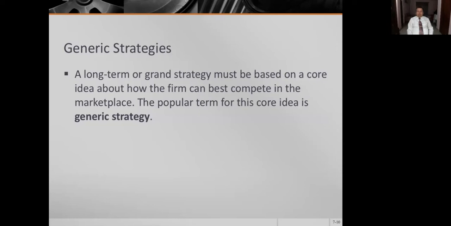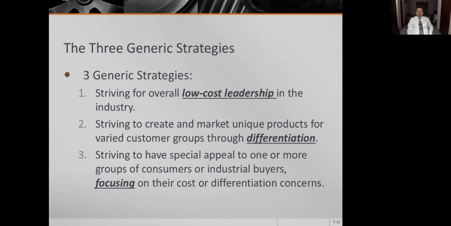To answer these long-term objectives, you can think of generic strategies at the business level, okay? There are three generic strategies at the business level: low-cost leadership, differentiation, or focus. So this is a very clear idea, and we'll go into detail and open this box later.